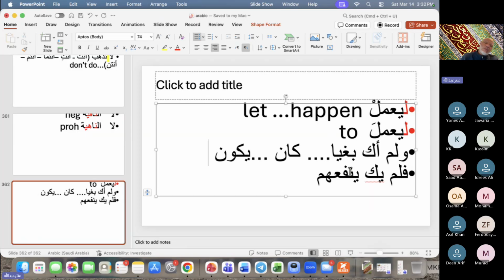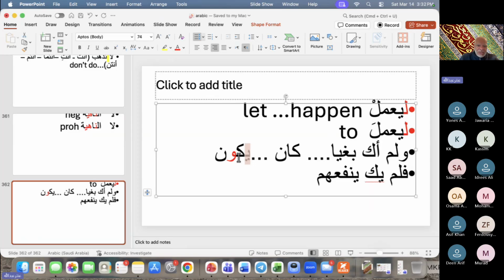So with the yakun, we have the noon, which is an original part of the verb because kana has it. And then we have the waw. It is okay to drop the waw because it is a harf illa, an added letter. But the fact is that it is not completely a harf illa because this ya is the prefix for the present.